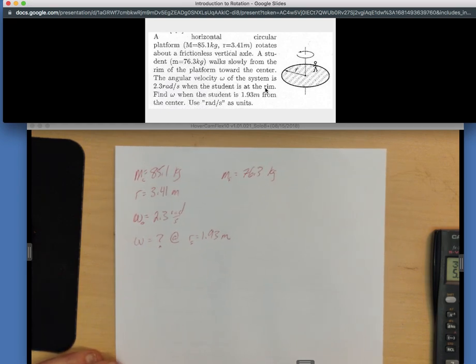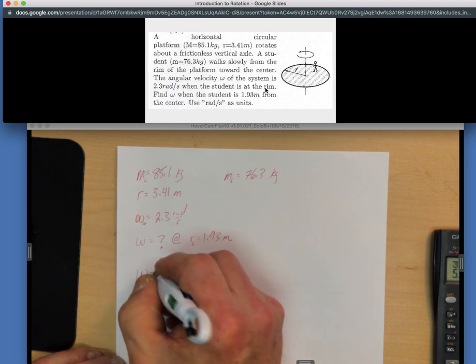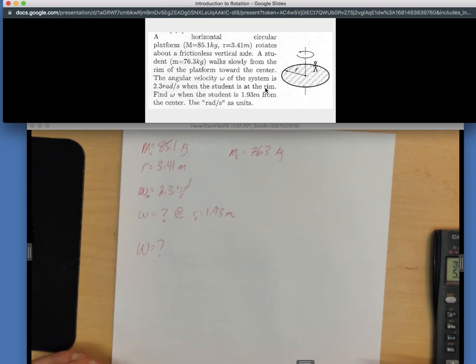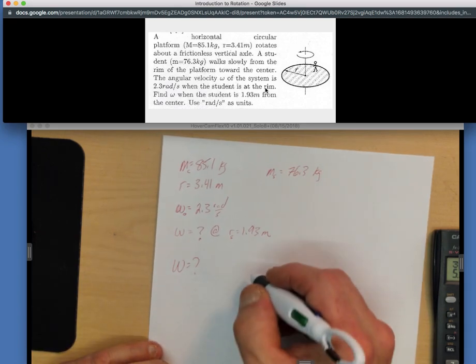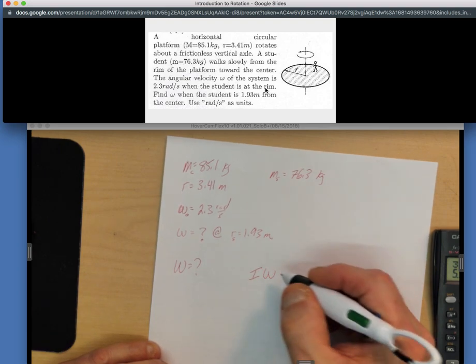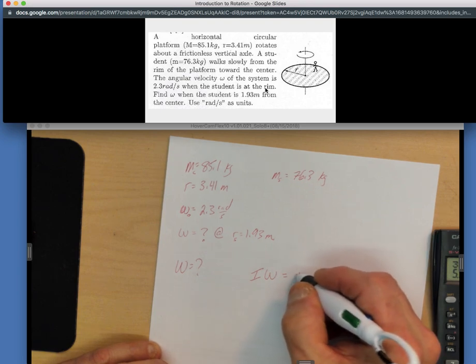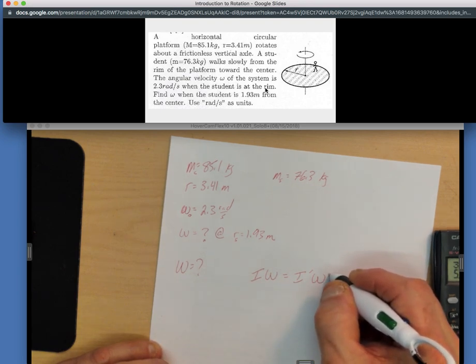Okay, let's see here. What am I after here? Find omega. This is also a momentum problem because the moment of inertia before times the angular velocity before is going to equal the moment of inertia after times the angular velocity after.